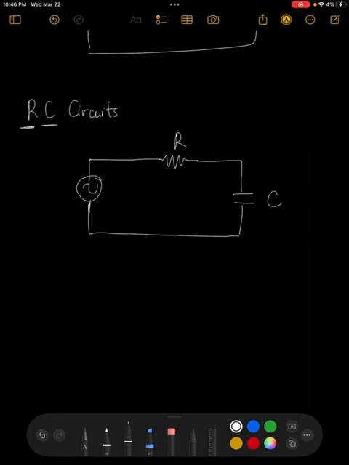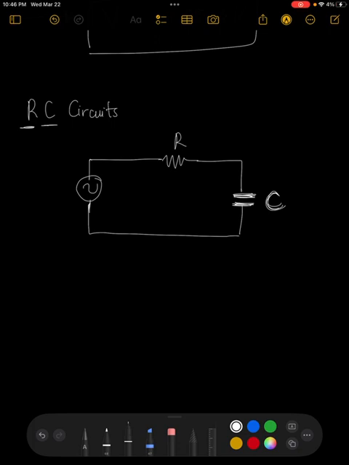Previously, our circuits just had the AC source and the capacitor C. Therefore, the only source of impedance, of restriction to the flow of current, came from the internal impedance of the capacitor, called capacitive reactance.